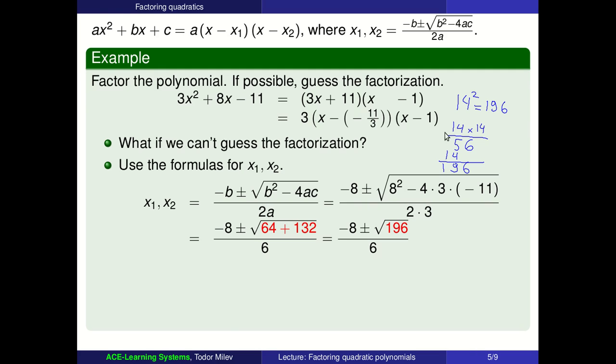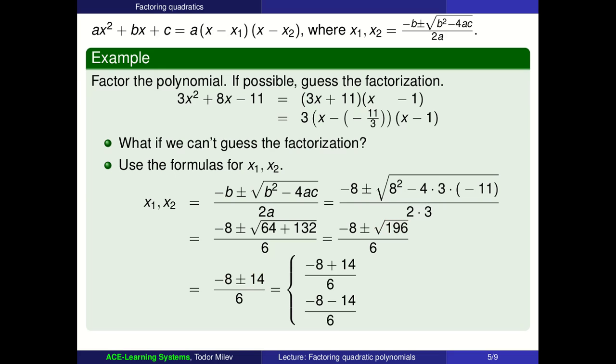By the way, for the purpose of using this quadratic formula, I highly recommend to you memorizing the squares of the numbers from 1 to 20. Okay, so 196 is exactly equal to 14 squared, so radical of 196 is 14. So we get negative 8 plus or minus 14 over 6. Well, that equals negative 8 plus 14 over 6, or negative 8 minus 14 over 6. I recommend when you have plus and minus to unfold it into such a bracket like this.